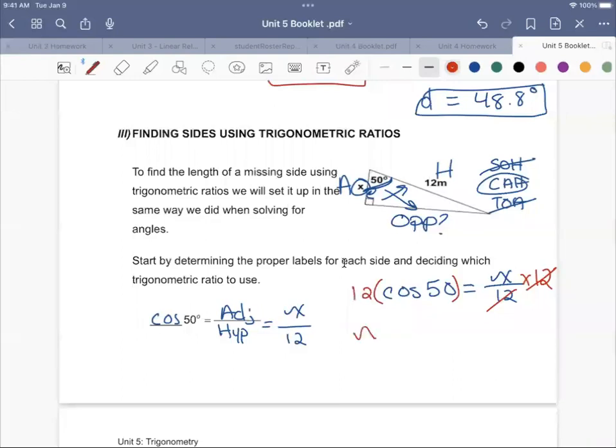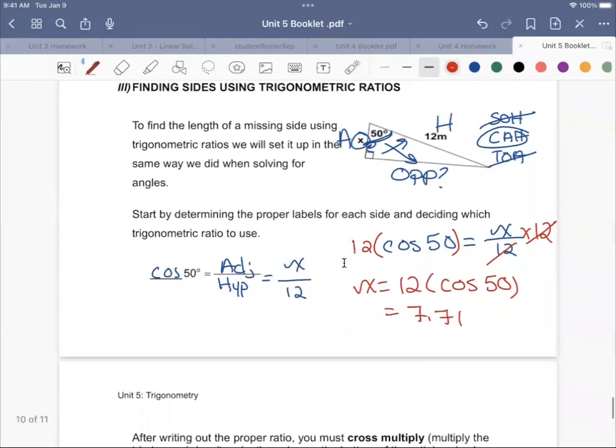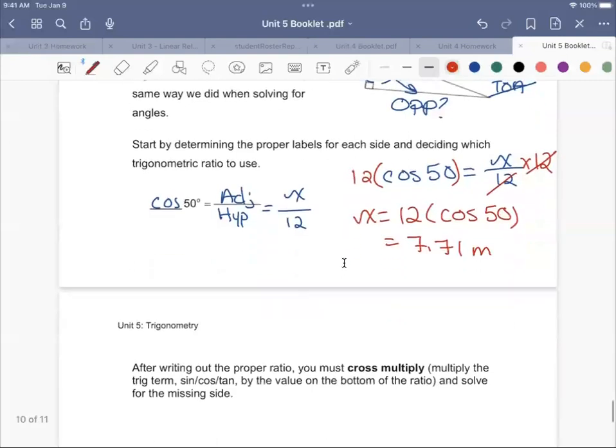So x is going to be equal to 12 times the cos of 50. If I type cos of 50 into my calculator and then times that by 12, I will get 7.71. In this case, it's meters because that's what my sides are measured in to begin with anyways.